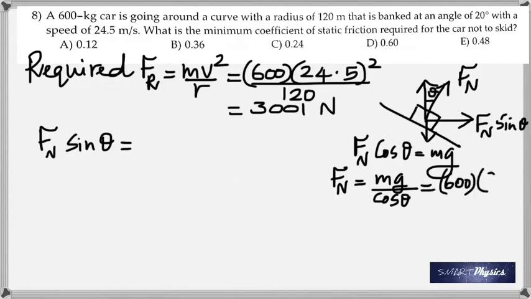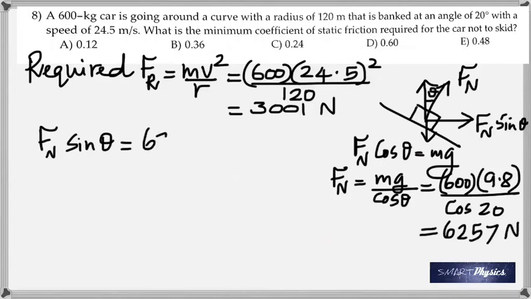So you get it as 600 times 9.8 divided by cos 20 degrees. So that's 6257, and therefore now you know that the banking provides Fn sine theta, which is going to be 6257 sine 20.